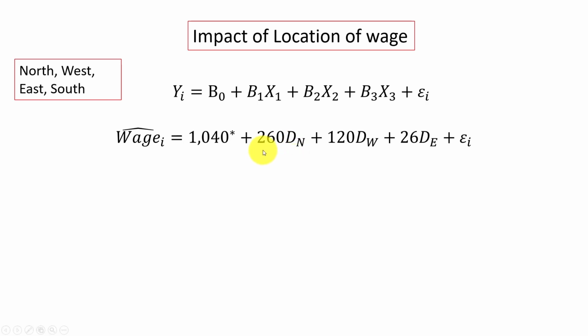Because it is statistically insignificant, we would accept the null hypothesis, and that means we cannot statistically prove, or simply we aren't confident enough, to conclude that the person working in north would have different wages as compared to a person working in south.